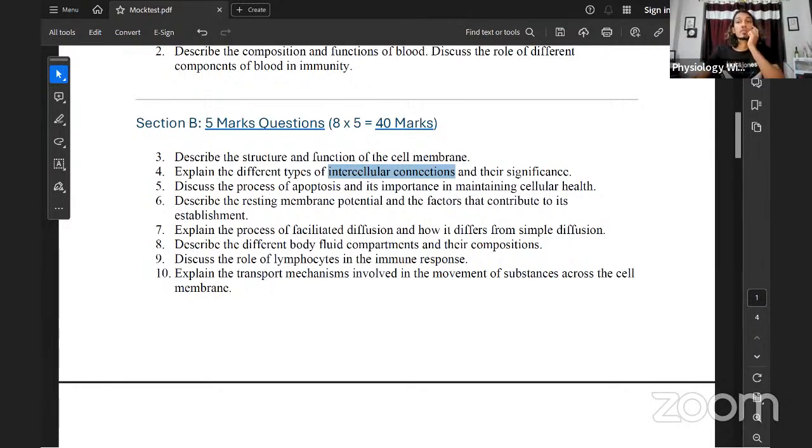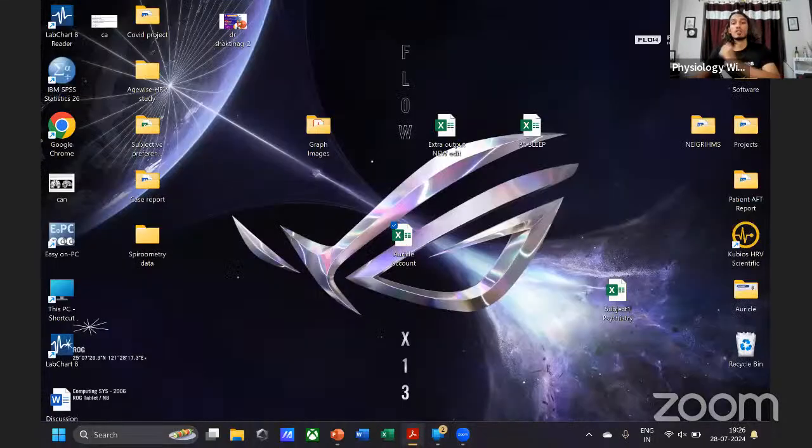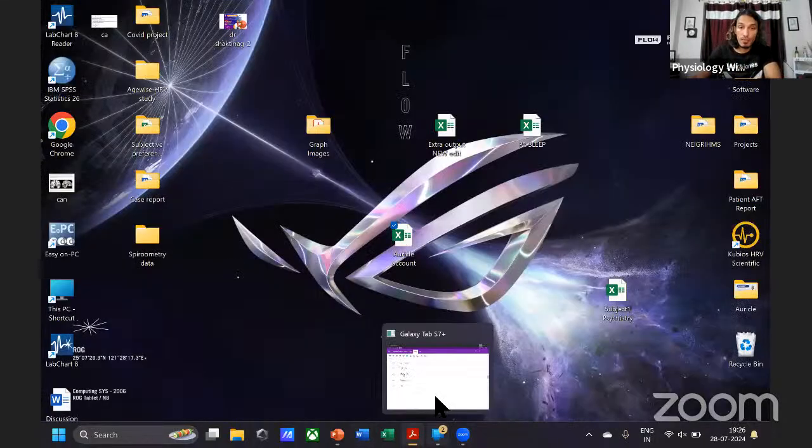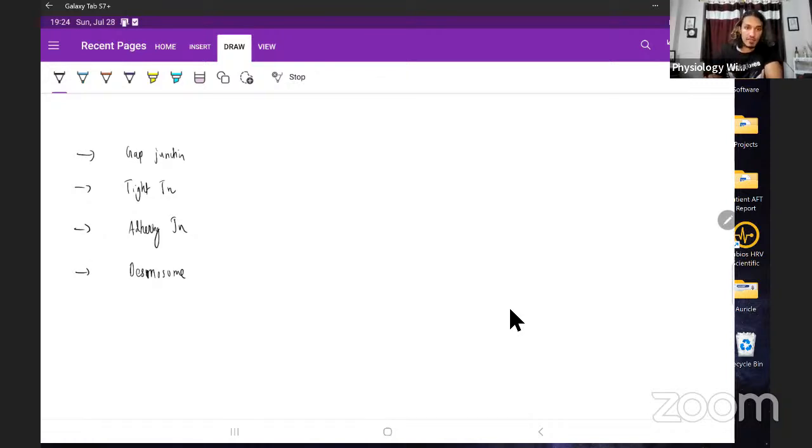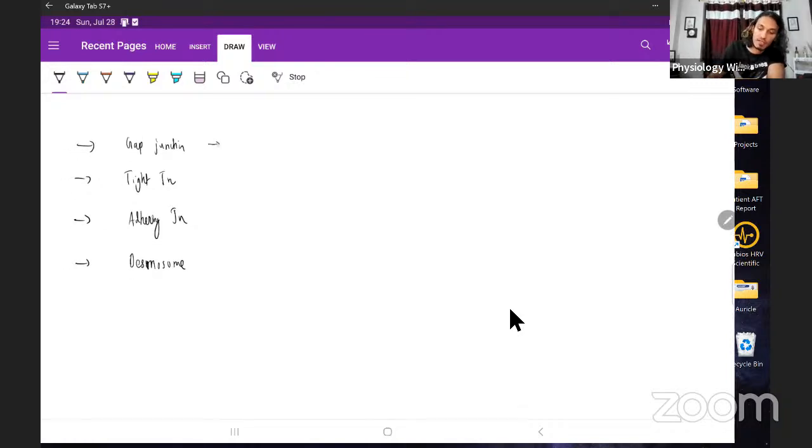Okay, so I'd want you to talk about your gap junction, tight junction, adherent junction, desmosome. Draw the diagram of it, explain what is the unit of it. Like gap junctions, for example, your connexons. Tight junctions, we have your claudin or junctional adhesion molecules.